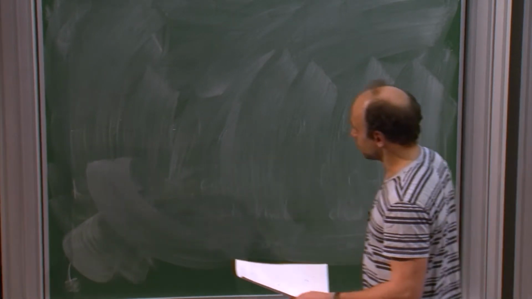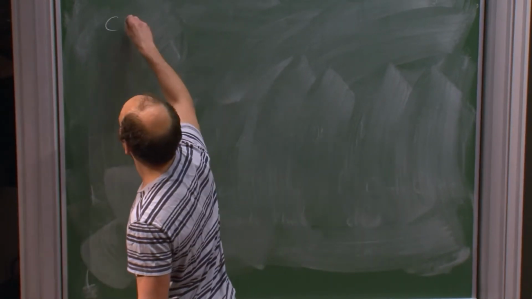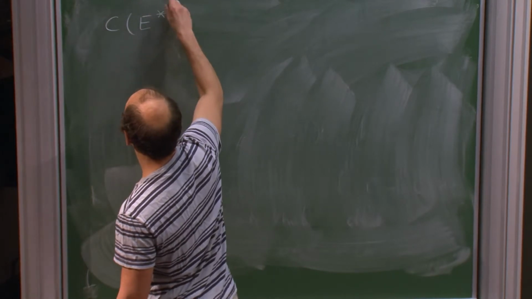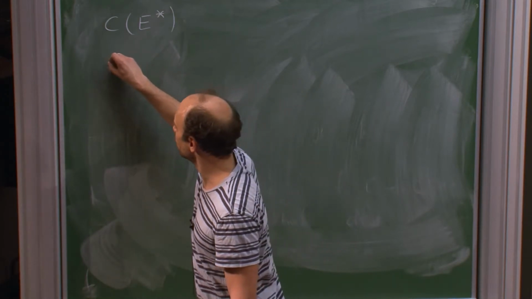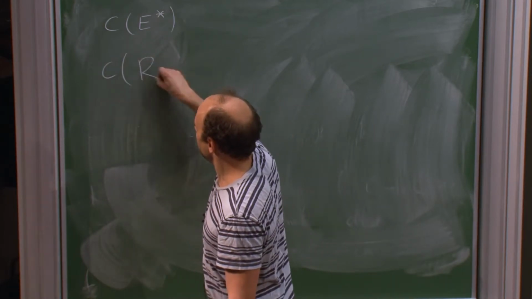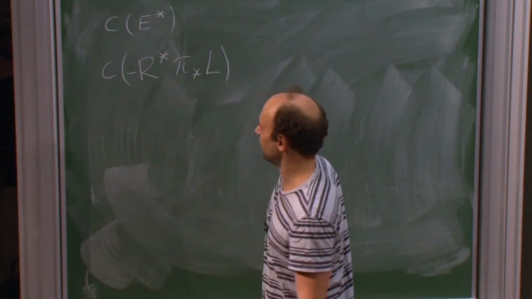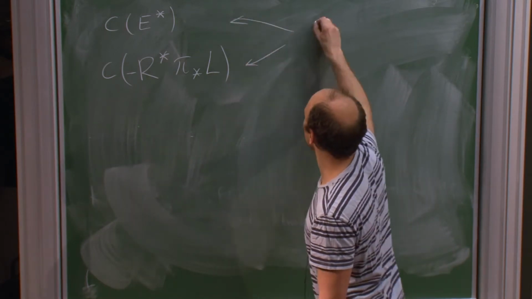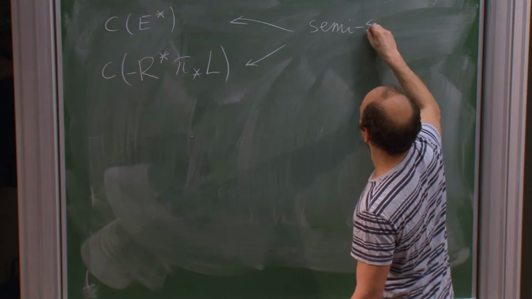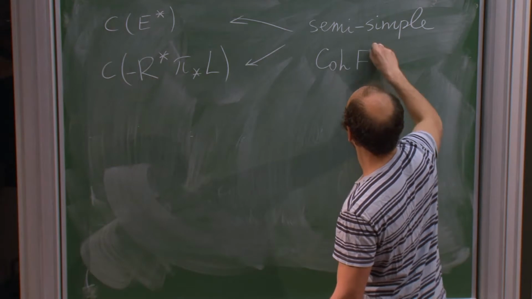Okay, so how does the proof work? First of all, you have to look at the numerators of these formulas. In the ELSV formula, you have the dual of the Hodge bundle, and in the R-ELSV formula, you have the Chern class of minus the push forward of the spinor bundle. So these things are actually semi-simple cohomological field theories.